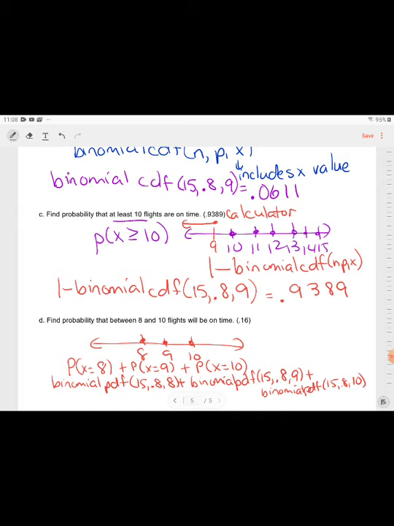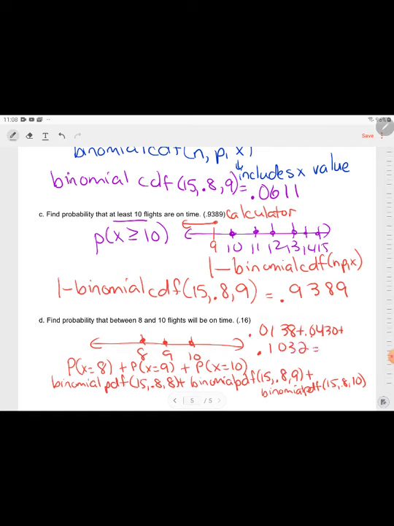The only problem is it is not adding for me. So I have these numbers, 0.0138 plus 0.0430 plus 0.1032.